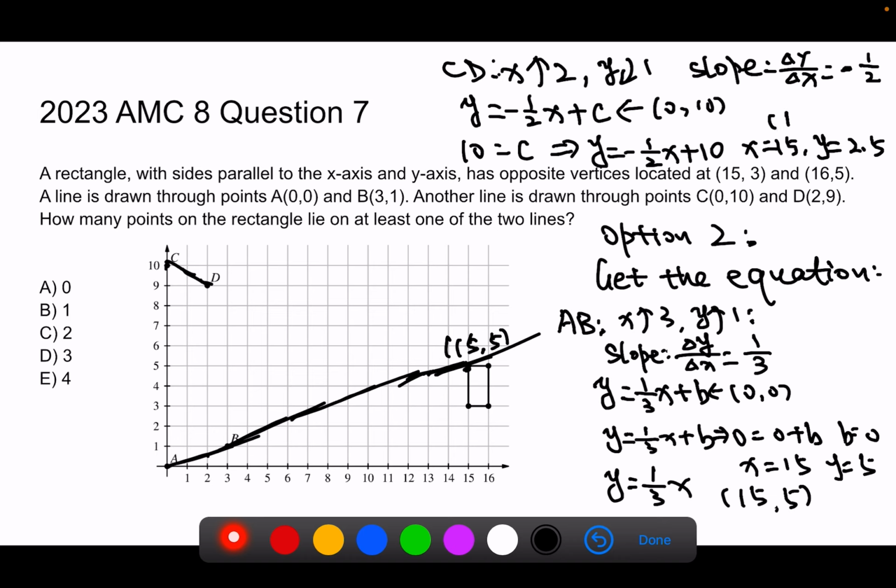Which means 15, 2.5 is on this line. So similarly, I have 15 and I have 2.5. Same conclusion: I know when this line is extended, it will miss the rectangle. So both methods work, and I personally like option 1 better.